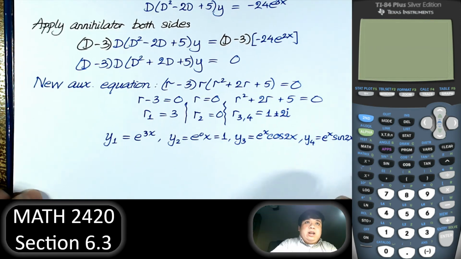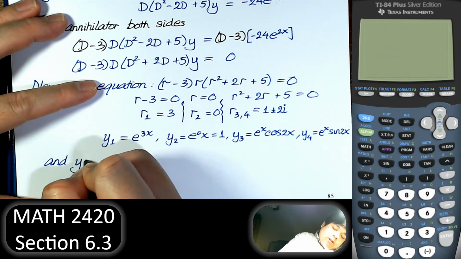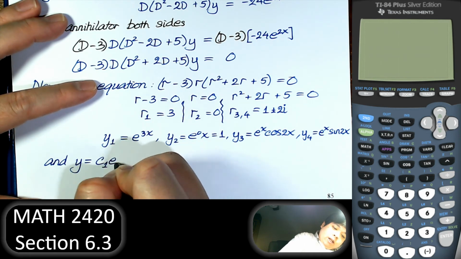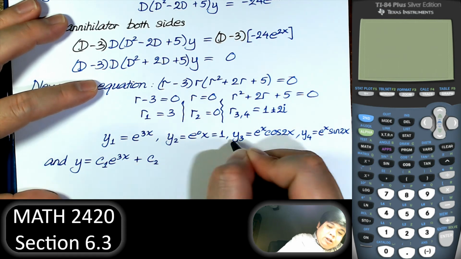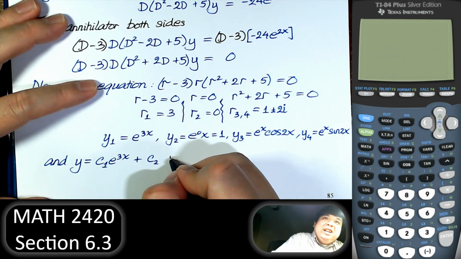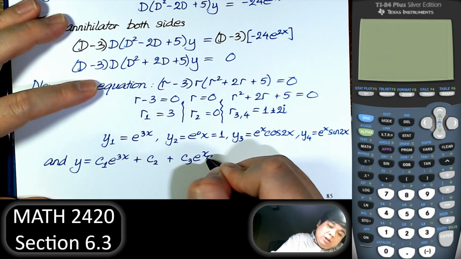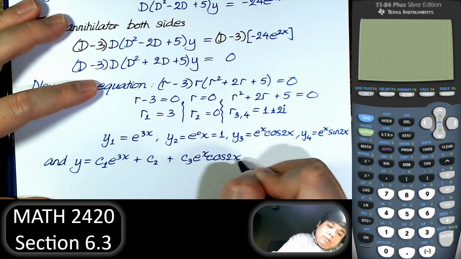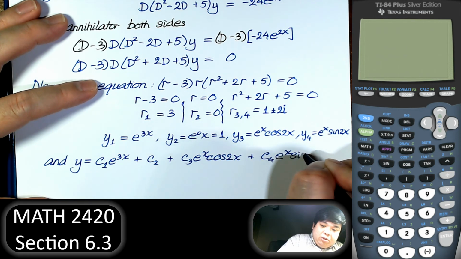Put all of that together: C1 e to the 3x, C2, and then C3 e to the x cosine 2x, and C4 e to the x sine of 2x.